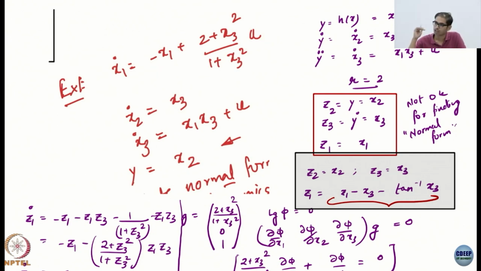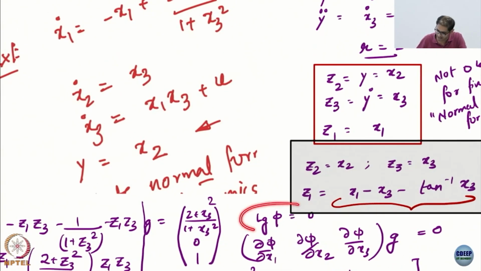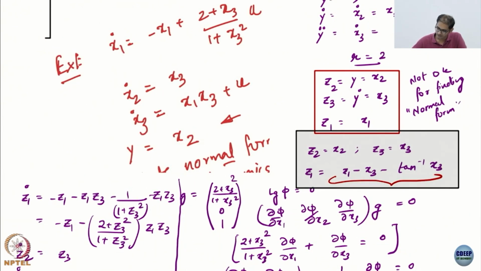Now what do I need for the normal form? If you remember, I need LG phi equal to 0, so that there is no control term appearing. So what is LG phi? LG phi is basically partial of phi multiplied by G. What is G?